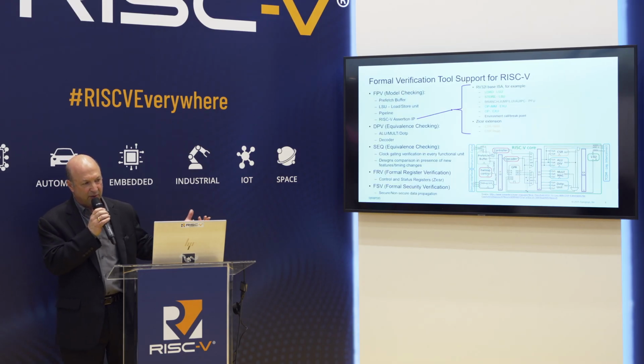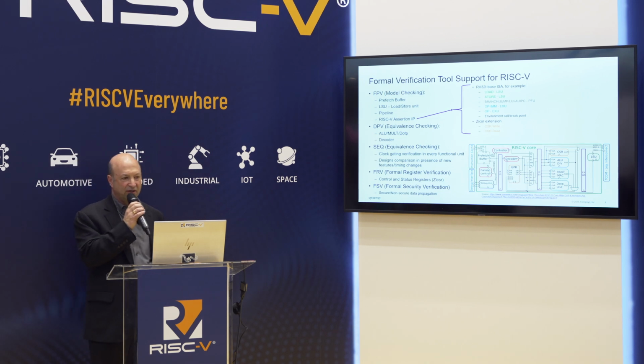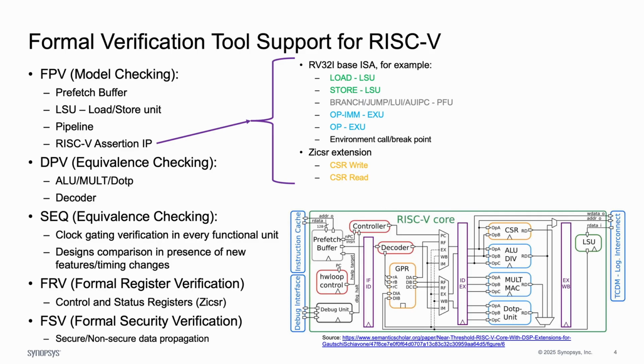This is a little bit more detail on formal verification. Here we see the formal property verification, the model checking, and we see that this is supporting the full instruction set architecture for RISC-V. And then going down with the DPV equivalence checking, the data path verification, the sequential equivalence checking, formal register verification, and even security verification.